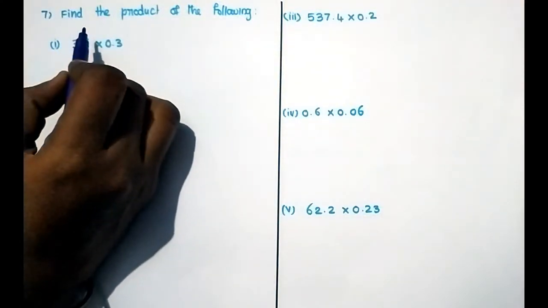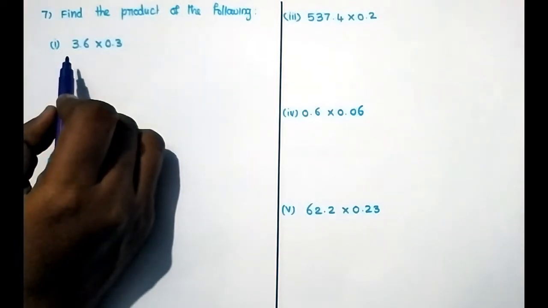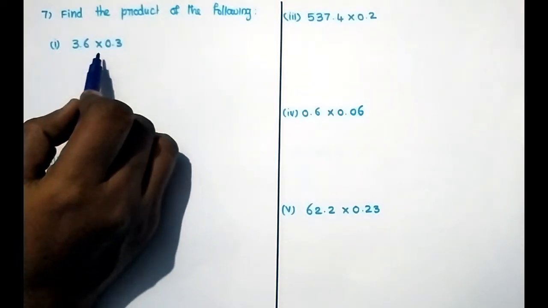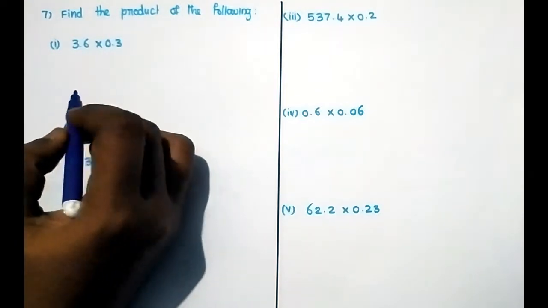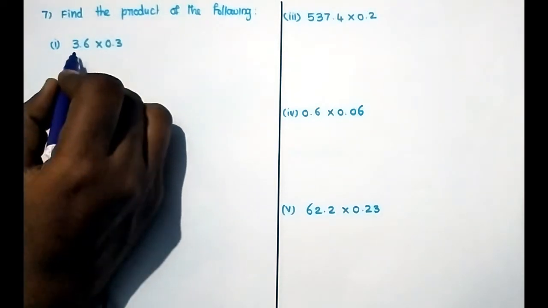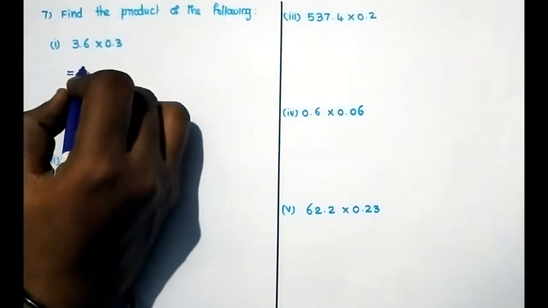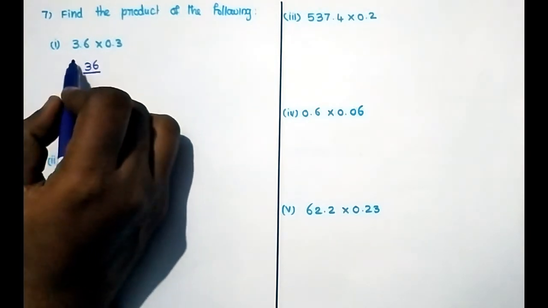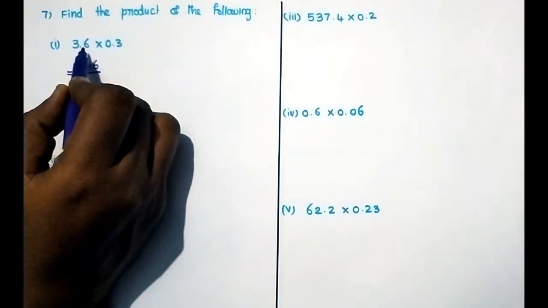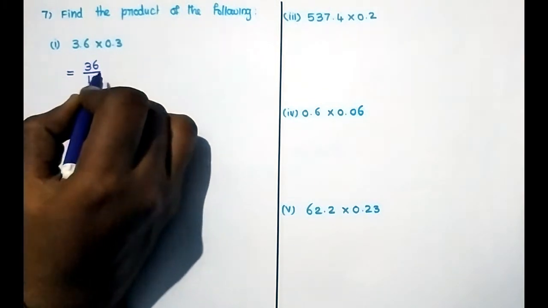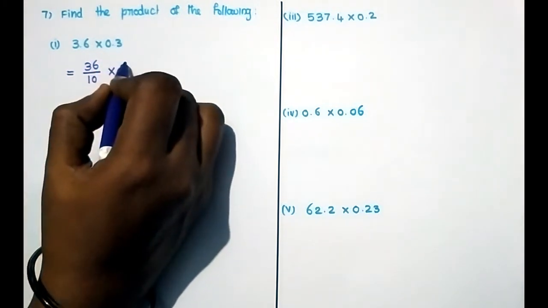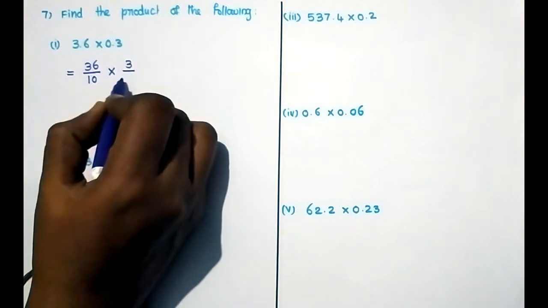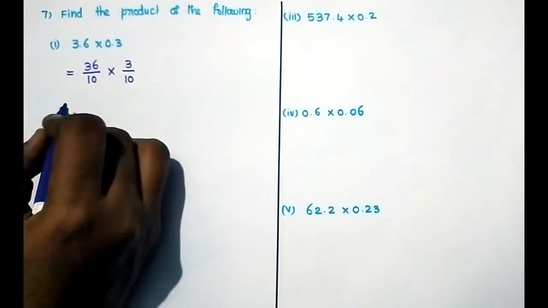Seventh sum. Find the product of the following. First subdivision, 3.6 into 0.3. Listen. Write these numbers in fraction form. So 36 divided by, after the decimal point one digit is there, so divided by 10, into, here also 3 divided by 10 only.